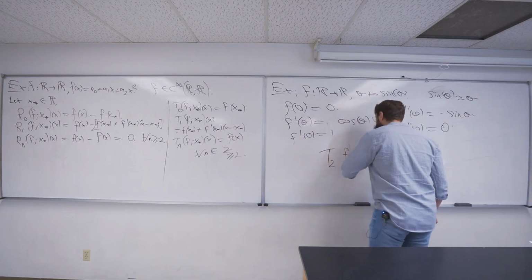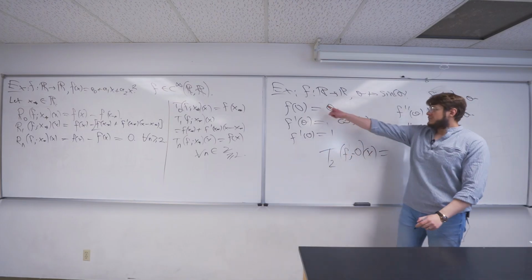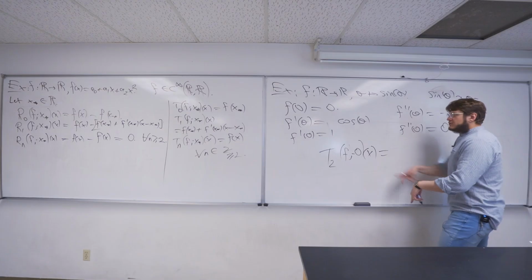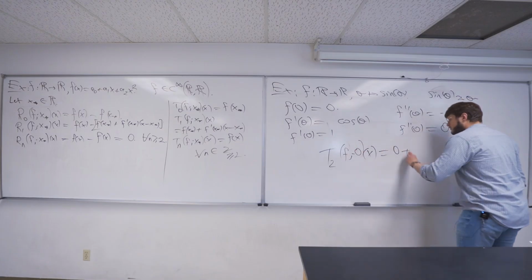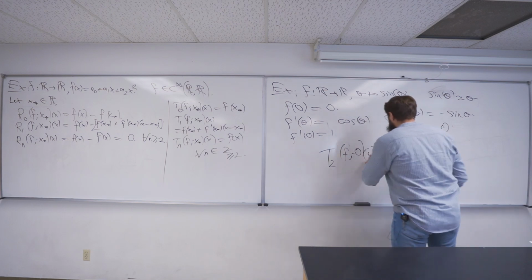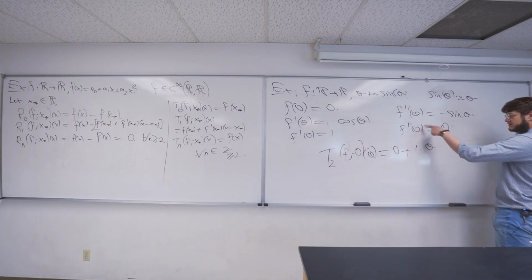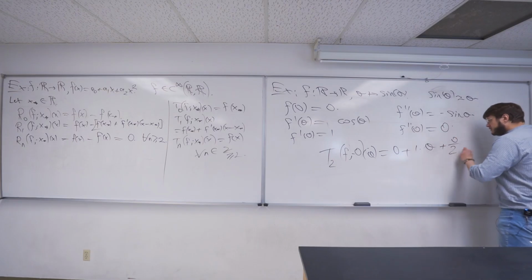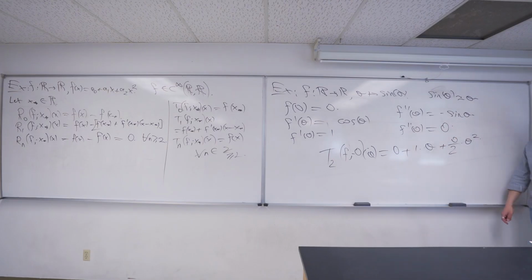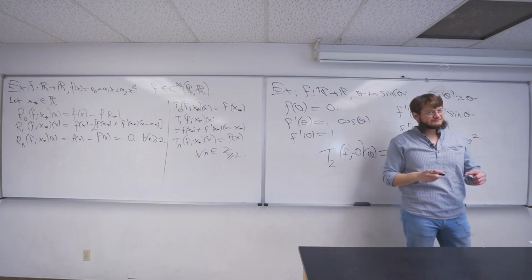So the second Taylor polynomial of sine at 0 is f of 0, which is 0, plus f prime at 0 times theta, plus f double prime at 0 divided by 2 times theta squared. That is to say, pretending that sine of theta is a second order approximation, and that is why it works in the oscillation equation.